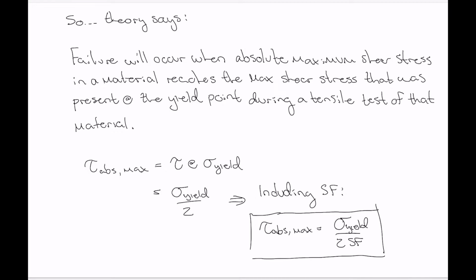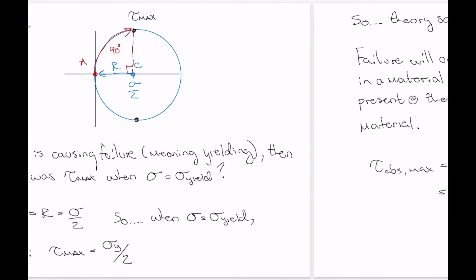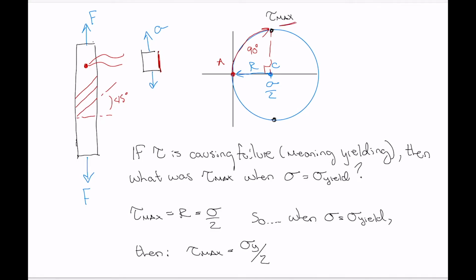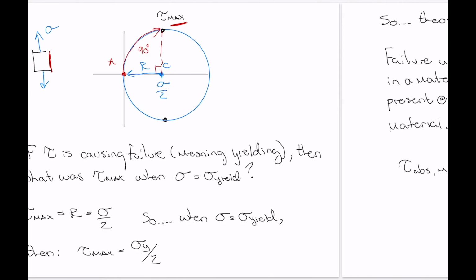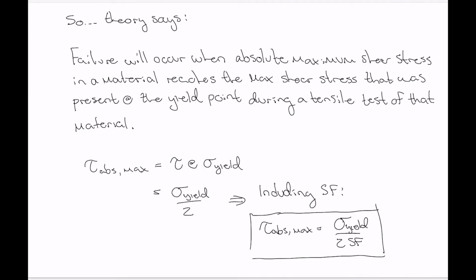Now, we've talked a lot about what maximum shear stress is, but I've just thrown in this extra term here, absolute maximum shear stress. So we should talk about what that is. So what's absolute maximum shear stress?